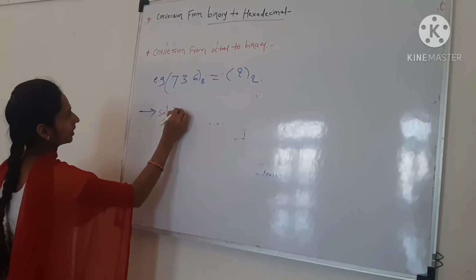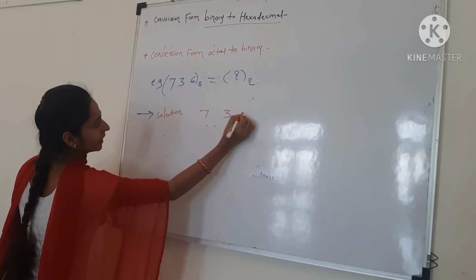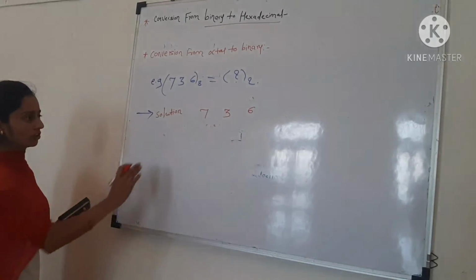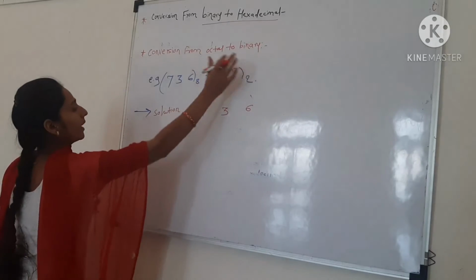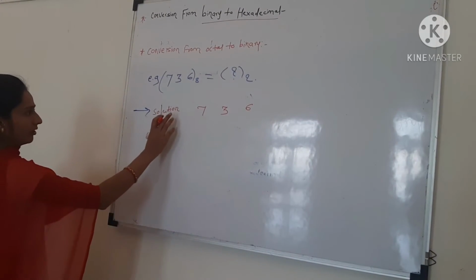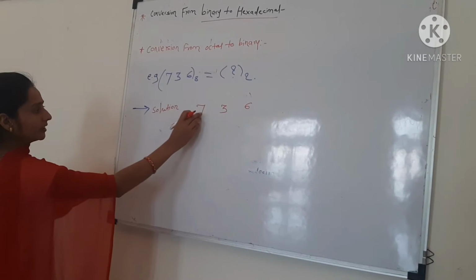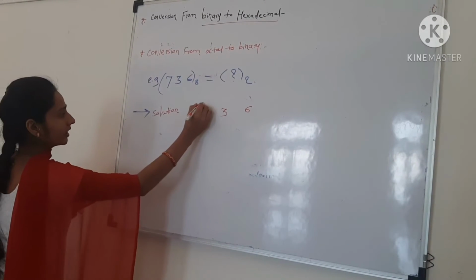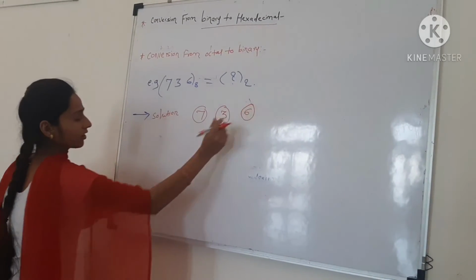Write our given octal number: 736. What is the procedure for converting an octal number to a binary number? In this conversion we have to write the binary equivalent of each separate digit. Here 7 is one digit, 3 is one digit, and 6 is one digit.